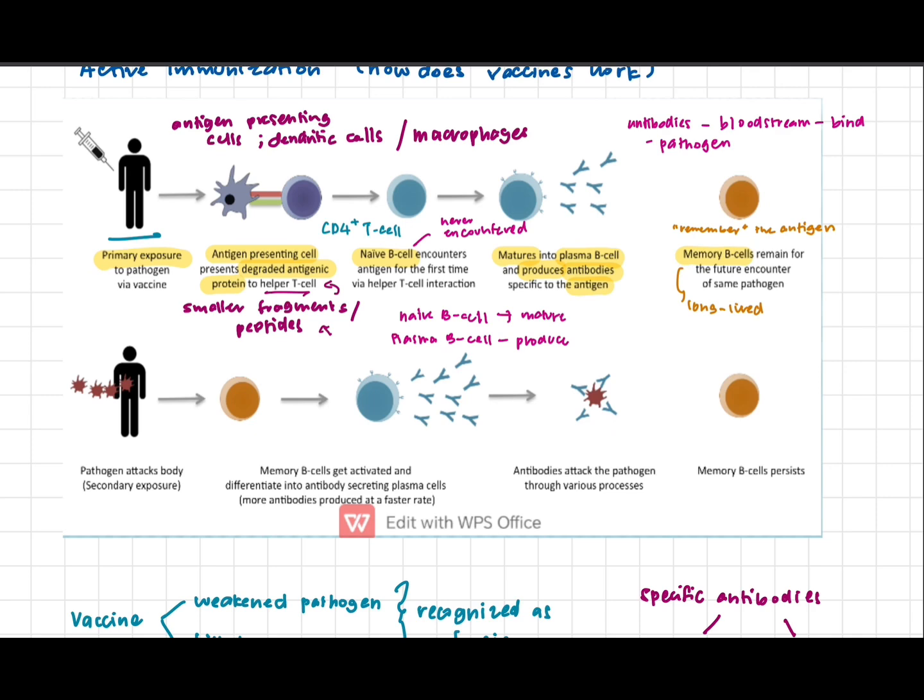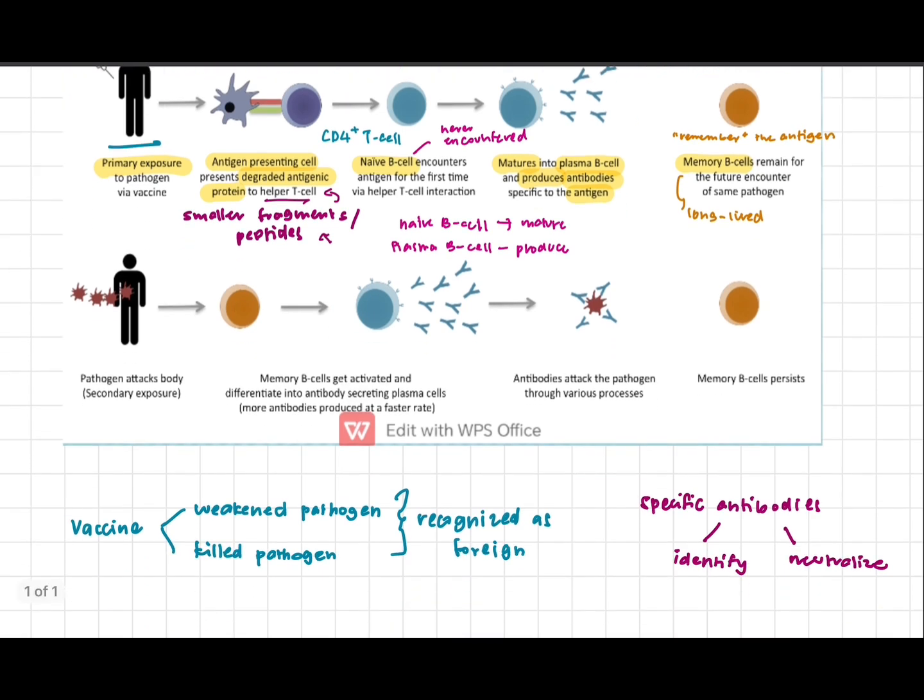Next, the immune system of a human body consists of various cells and molecules. Let us see what happens if the pathogen attacks the body for the second time, that is a secondary exposure. When a pathogen attacks the body for the first time, the immune system produces a response that aims to eliminate the pathogen.